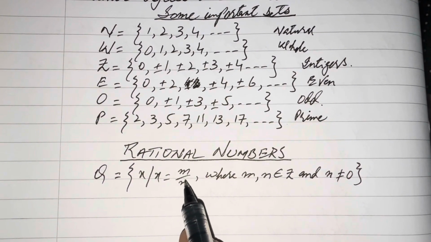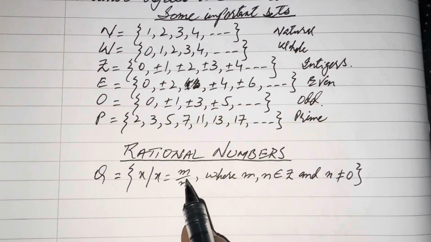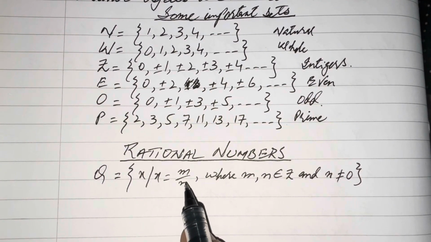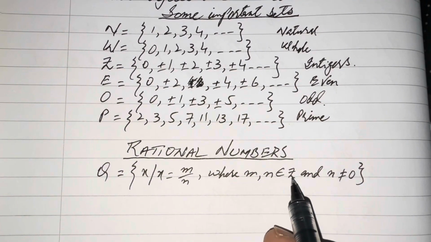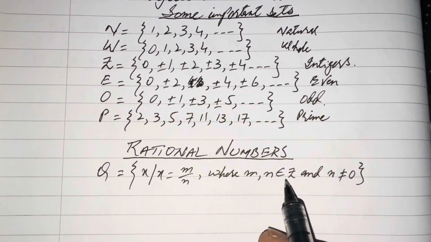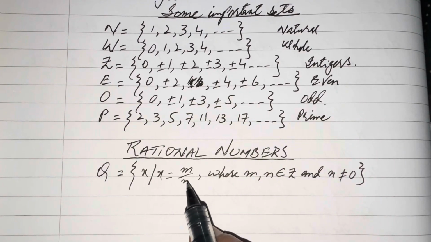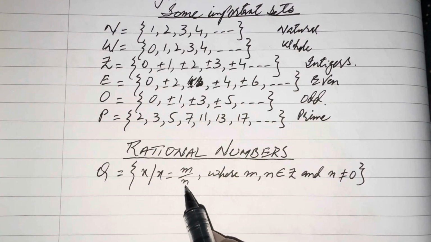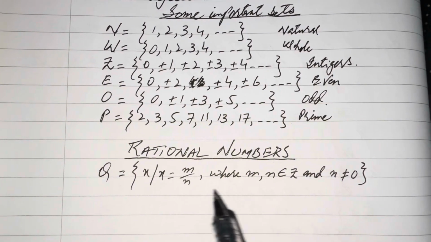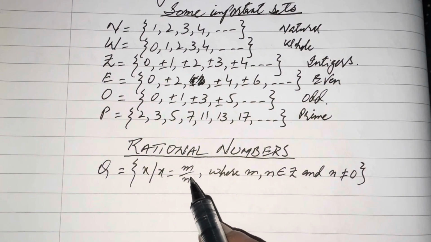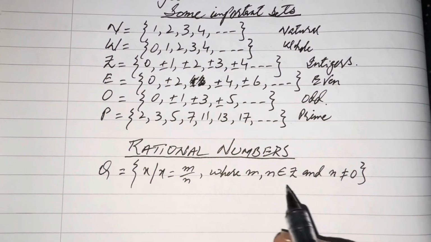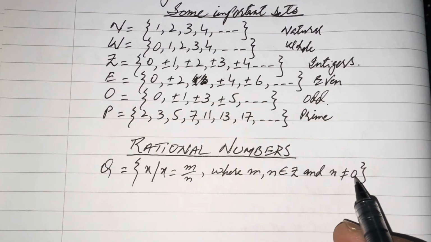M over n means that rational numbers can be written in fractional form, and m and n belong to Z. Z means integers. So the rational numbers can be written as m over n in fractional form, where n will not be equal to 0, and m and n always belong to integers.